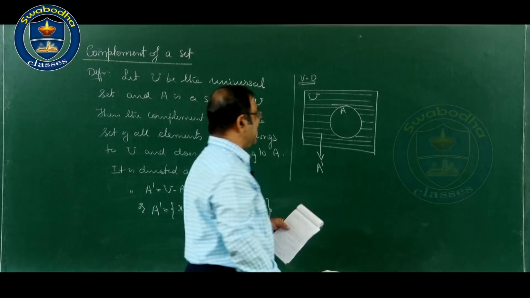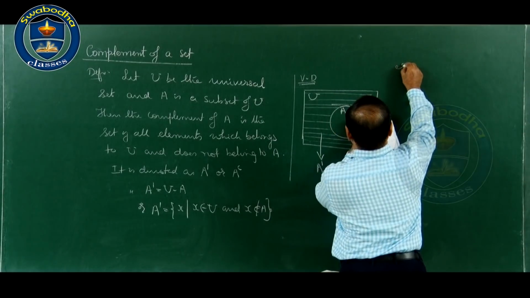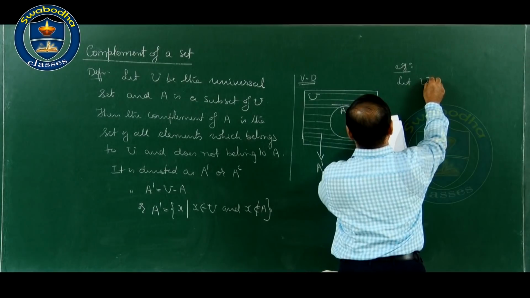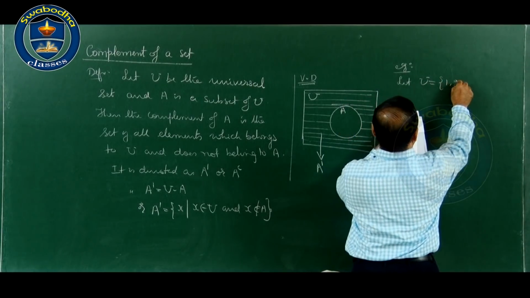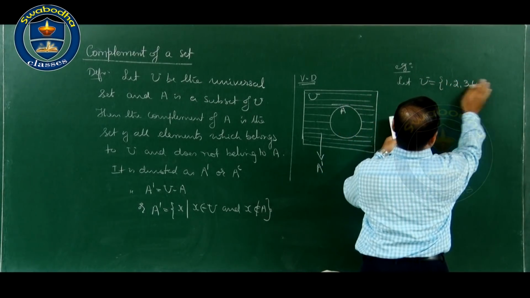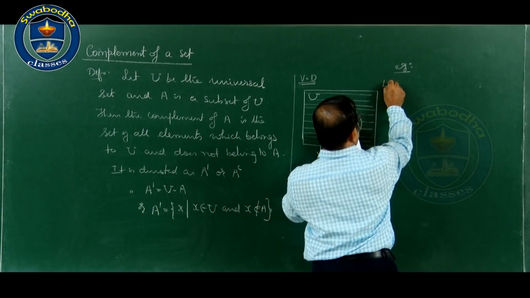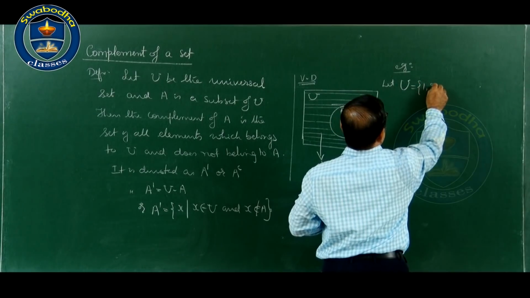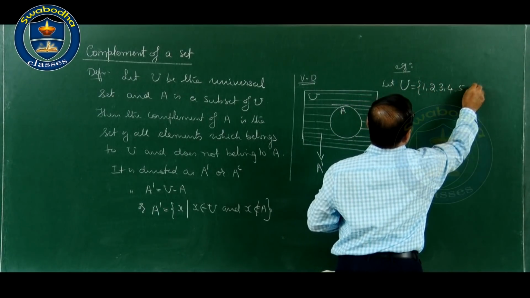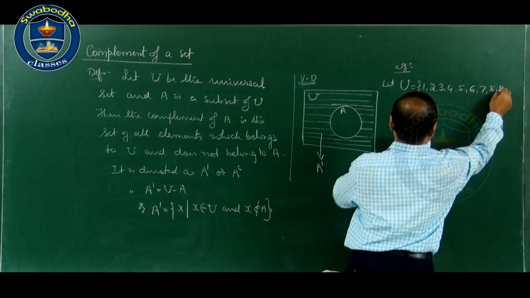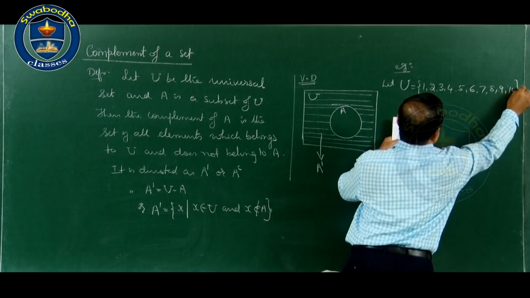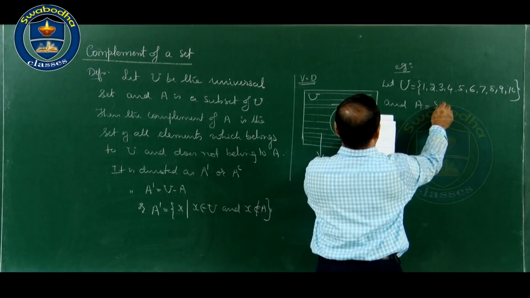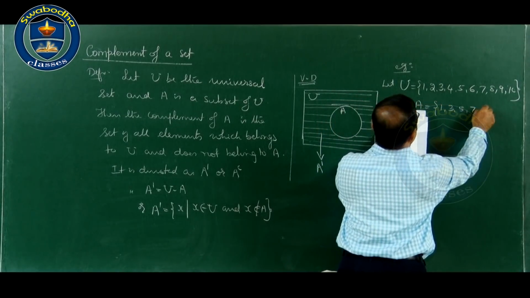Now, I will give you one example. Let U is equal to 1, 2, 3, 4, 5, 6, 7, 8, 9 and 10, and A is equal to 1, 3, 5, 7, 9.